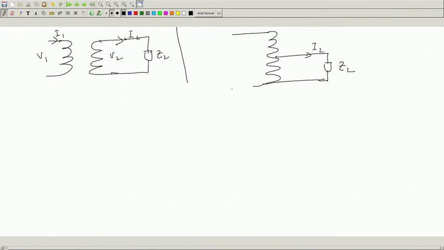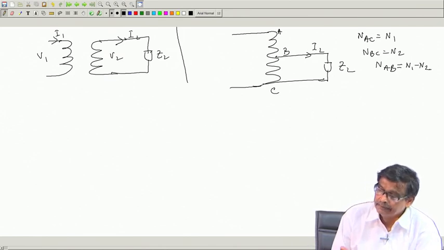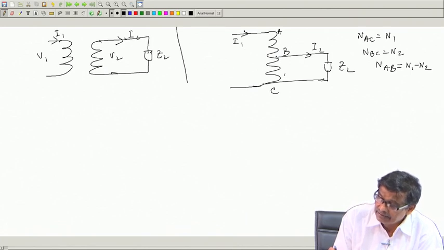Here this point is A, C, B. N AC is N1, N BC is N2, and N AB is N1 minus N2. This is I2, this is I1, and this is I2 minus I1.